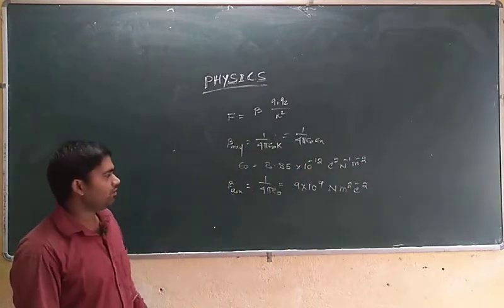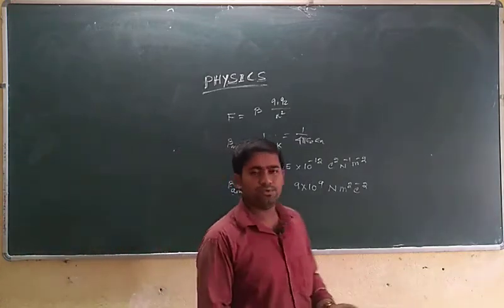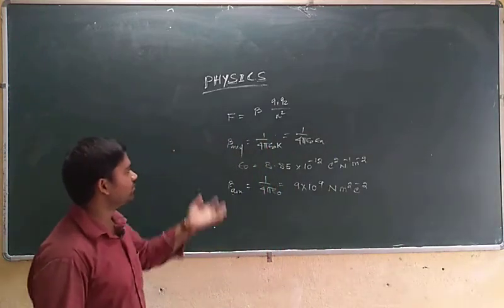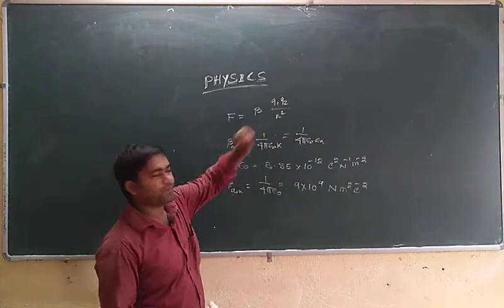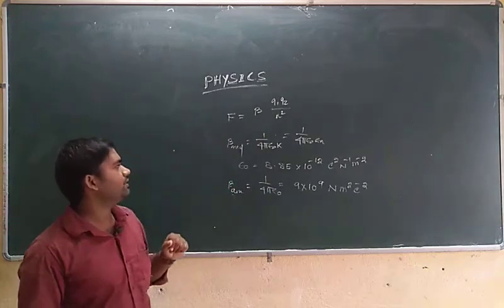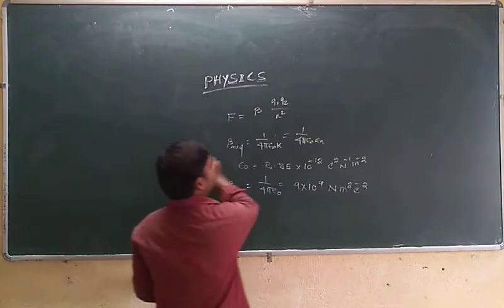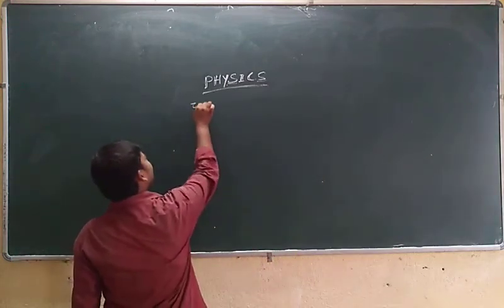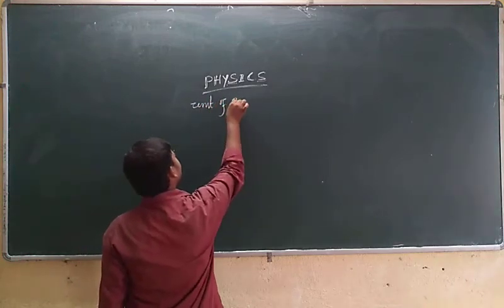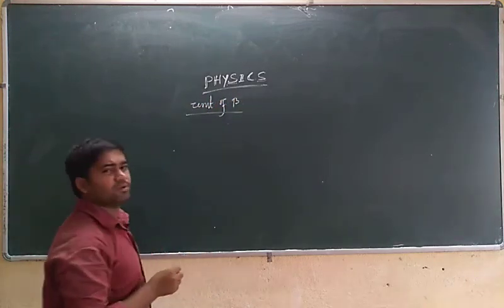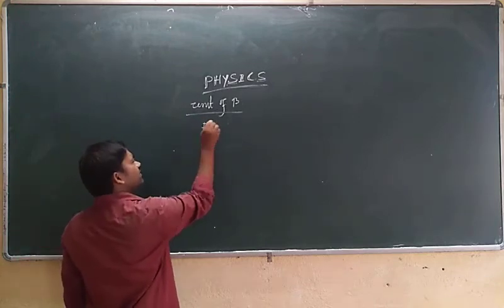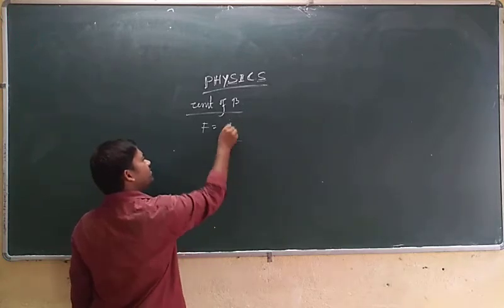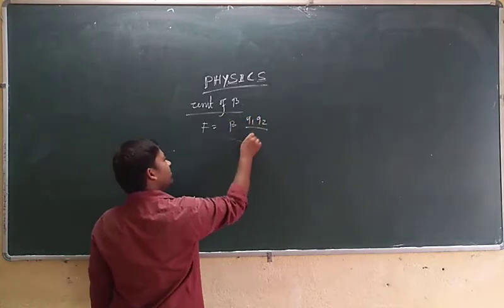So how do we find the unit of beta? The unit of beta can be taken from the variation of this formula, from Coulomb's law. As per Coulomb's law, the force between any two charged particles will be 1 by 4 pi epsilon naught, or simply beta Q1 Q2 by R square.